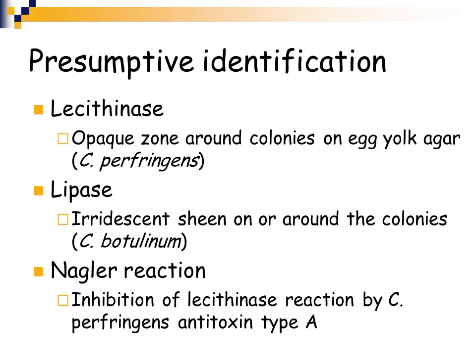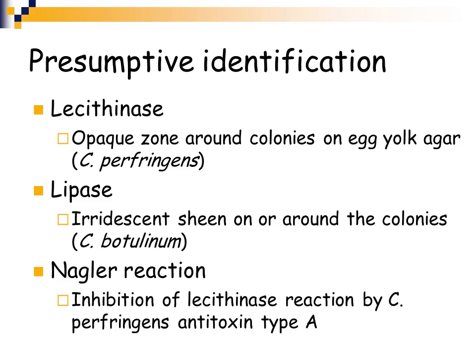So we mentioned some of the selective media. There is lecithinase anaerobic egg yolk agar media, and that is very good for presumptive identification of Clostridium perfringens, which produces the enzyme lecithinase and will make an opacity around the colonies when they're streaked on the anaerobic egg yolk agar.